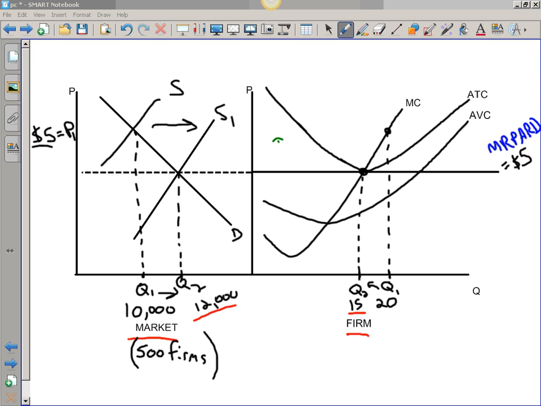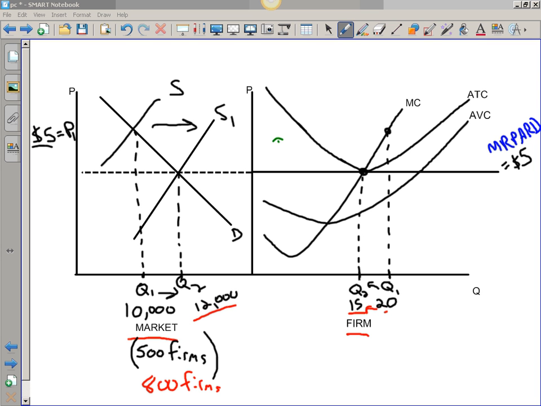So now we've gone from 500, if you do 12,000 divided by the 15, there are now 800 firms in the market. So each firm is producing a smaller quantity than it was before, from 20 down to 15. On the other hand, there are more firms in the market, so the total supply has gone up. This shows you how the long run adjustment works.